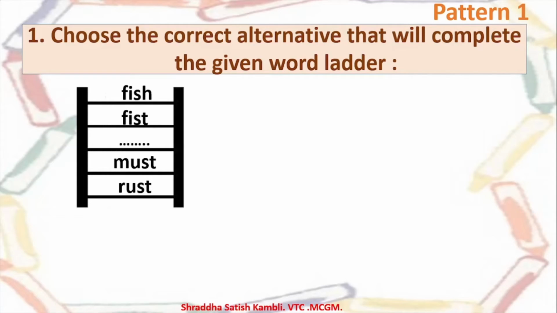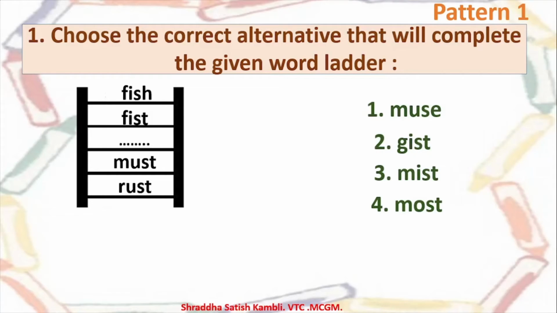Here it is. So we have fish, fist, dash, must and rust. So this is our word ladder. One of the words is missing. Okay, so now you need to find out which this particular word is. So let's start by looking at the options.